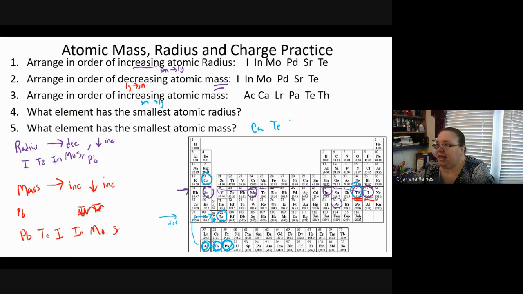That means LR is going to be the smallest out of those 4 because it is the furthest to the right. Remember that extended periodic table will help keep you from making little mistakes with putting your inner transition metals in order. From there, I'm just reading the rest of the elements from right to left: PA, TH, AC.